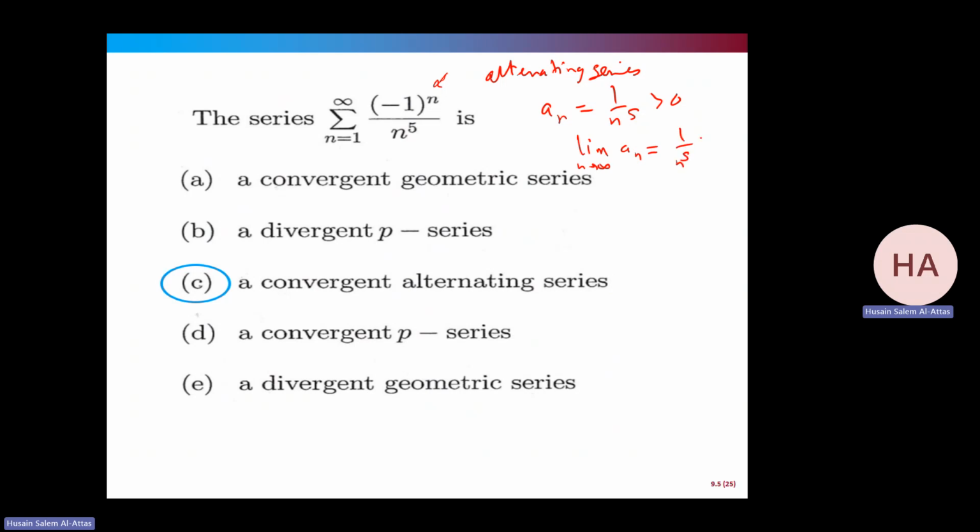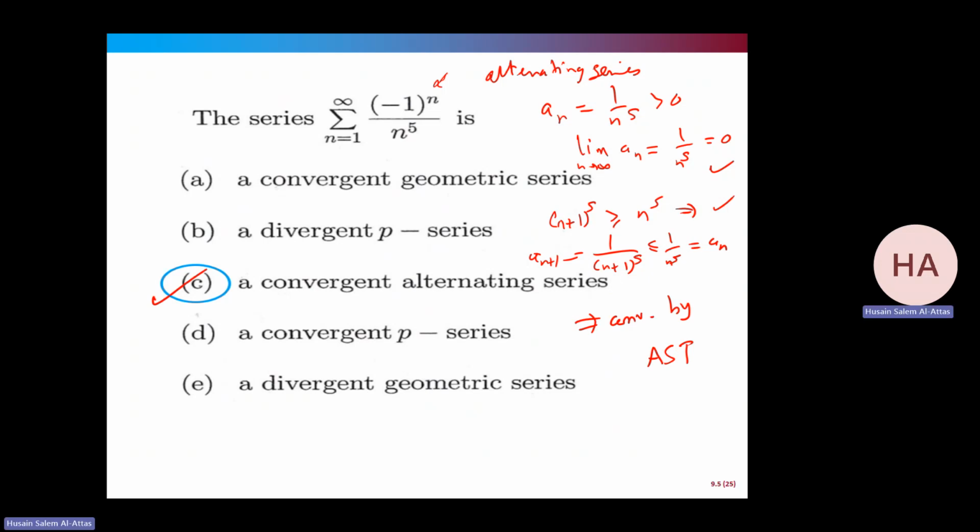That will be 1 over n to the power 5, which is 0. And we know that (n plus 1) to the power 5 for sure is greater than n to the power 5. That means 1 over (n plus 1) to the power 5, which is a_(n+1), will be less than or equal to 1 over n to the power 5, which is a_n. So the two conditions are satisfied, then it will converge by the alternating series test. So this is the correct one.